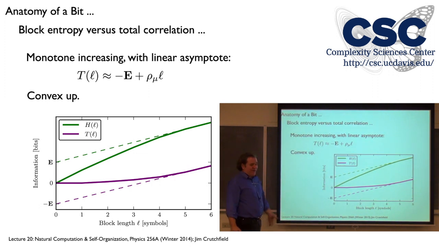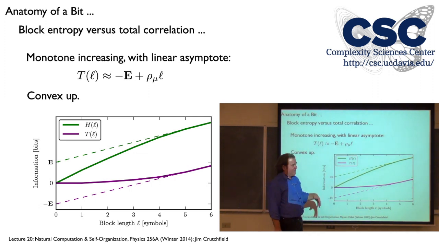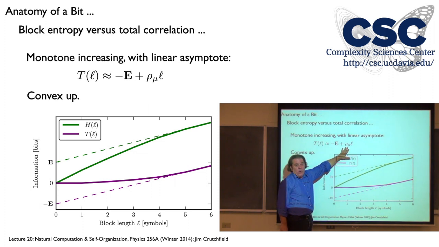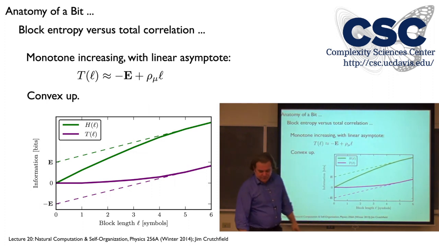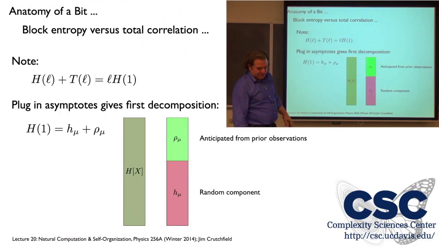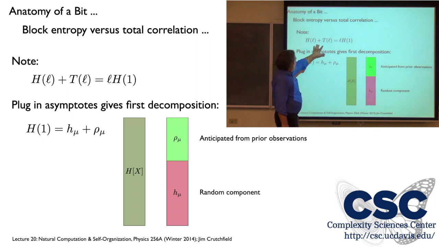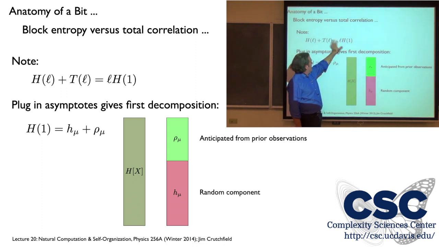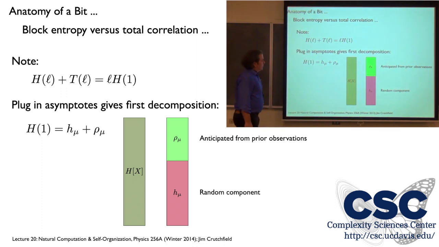So why do this? Well, it's very easy to calculate word distributions and block entropies like this, and we can pull out these different quantities. And that leads to the first decomposition that I mentioned. If you go back to the definitions, the block total correlation had a minus h of L in it, so when you sum these things up, their sum is L, the length, times the simple entropy.